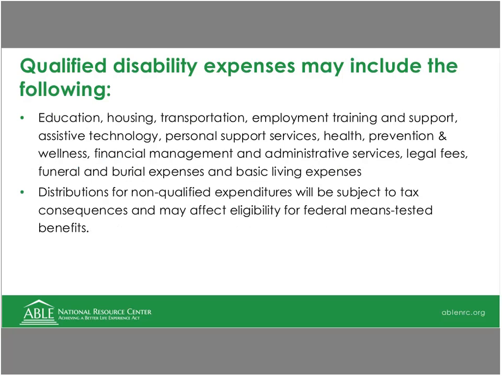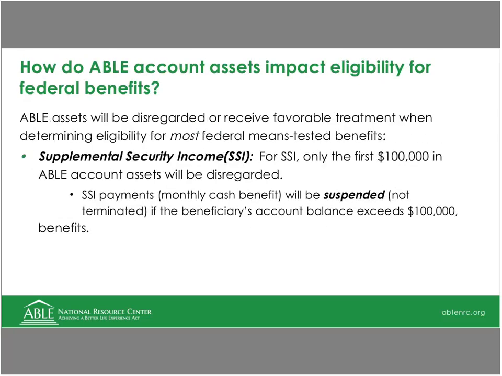It's also important to note, though, while you can spend ABLE funds on a wide variety of different qualified disability-related expenses, if you do make distributions for non-qualified expenditures, they will be subject to tax consequences and in fact may even affect the individual's eligibility for federally means-tested benefits. So we want to make sure that these funds are used appropriately so that the beneficiary, the account owner, the person with a disability doesn't fall victim to any unfortunate consequences.